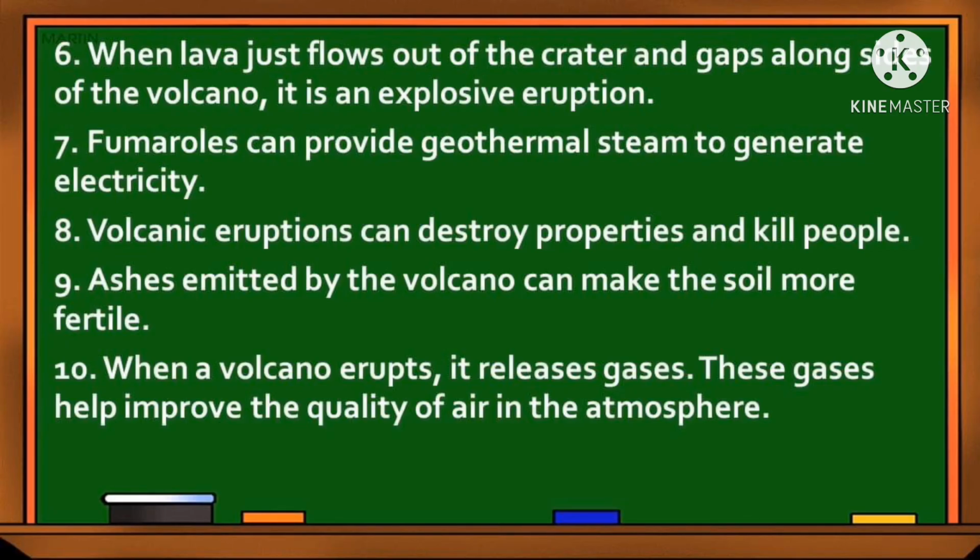Is it a fact or a bluff? Number 9. Ashes emitted by the volcano can make the soil fertile. Is it a fact or a bluff? Number 10. When a volcano erupts, it releases gases. These gases help improve the quality of air in the atmosphere. Is it a fact or a bluff?